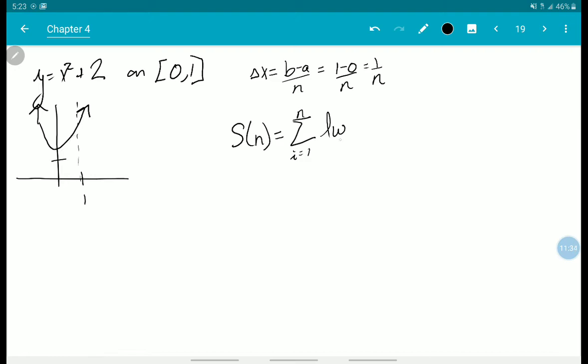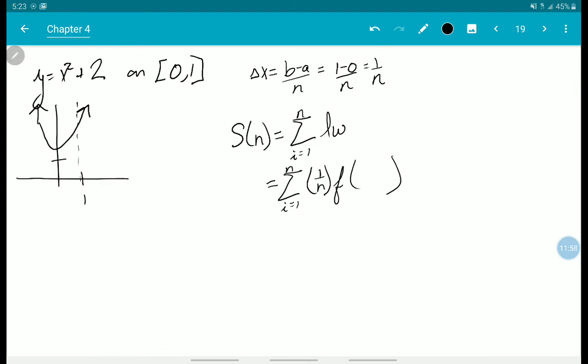So we need to know the length and we need to know the width. In this case, we already know how long they are. We said they're 1 over n units. But to find the width, we're going to have to use that sigma notation.